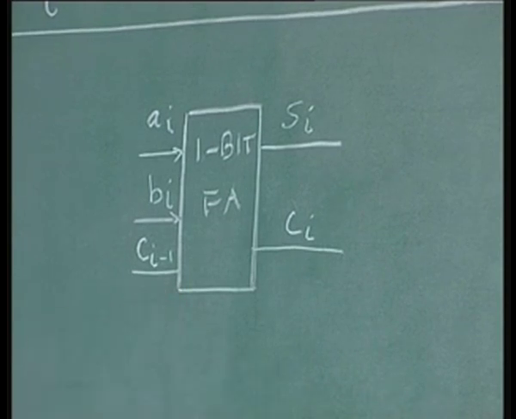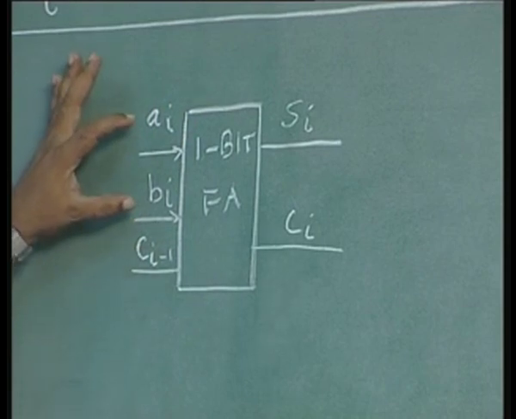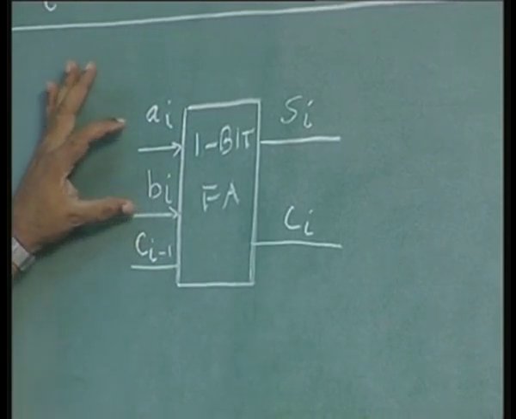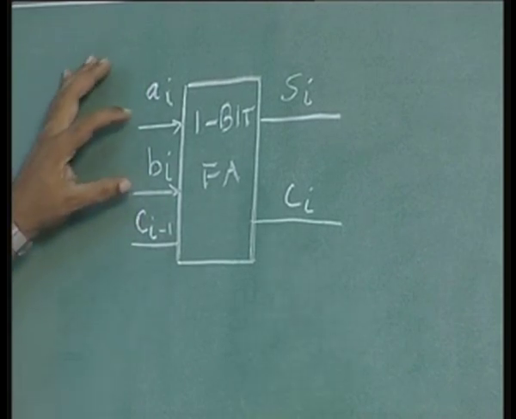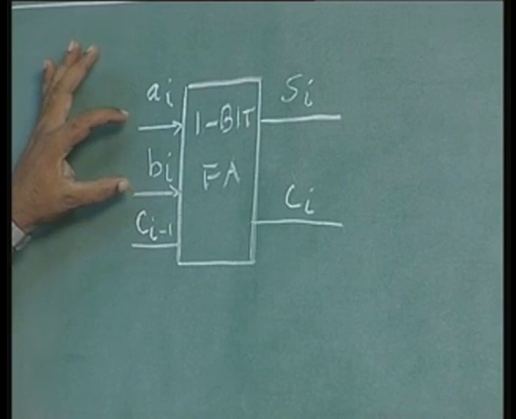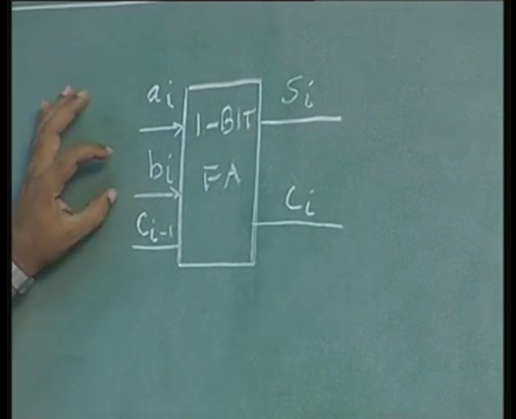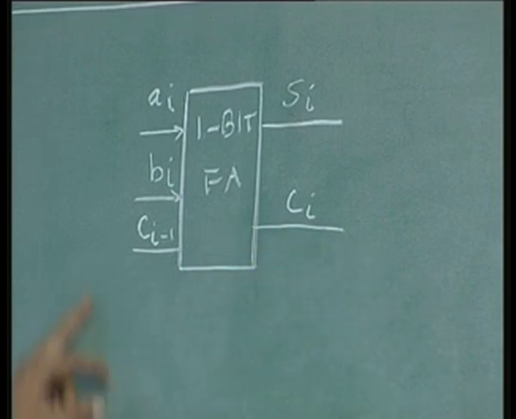So, this completes the full adder, but as I said I am going to use the same full adder. Let us say it is a 4 bit number, A0, A1, A2, A3, B0, B1, B2, B3. First I will add A0 and B0, then I will add A1 and B1, then A2, B2, then A3, B3. While doing so, I should retain the carry from the previous position and put it back here.